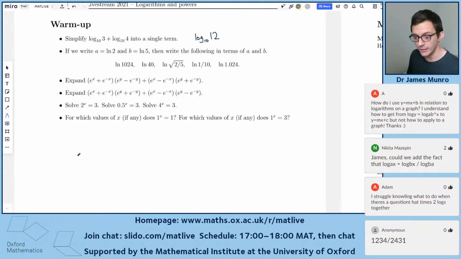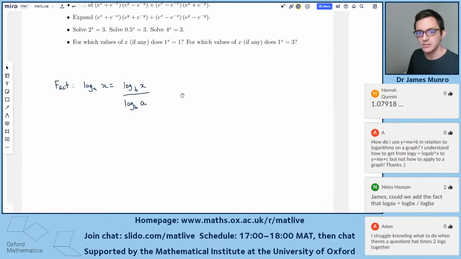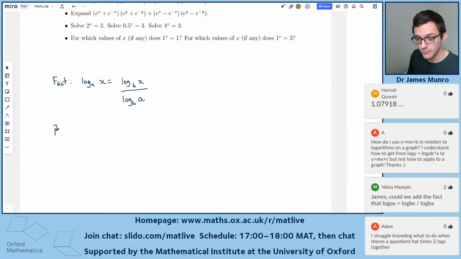I can work it out anyway. So here's the fact: log base A of x is equal to log base B of x, so using a different base, divided by log base B of A. That's a fact. Let's try to prove it.